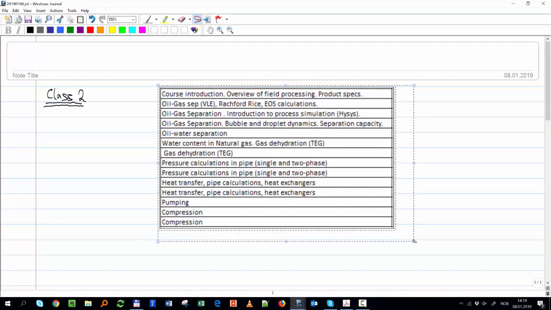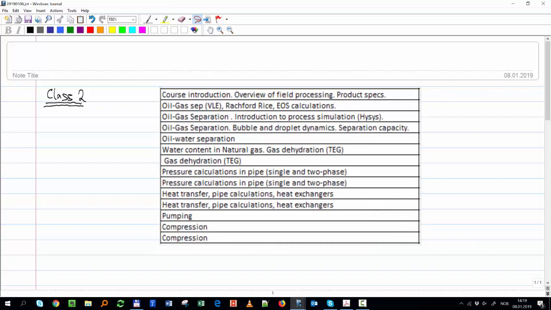For these 2 weeks, I'm going to be teaching. Can you read? Is it big enough for you to read there? I'm going to give you an overview of field processing, what kind of processes we have there.